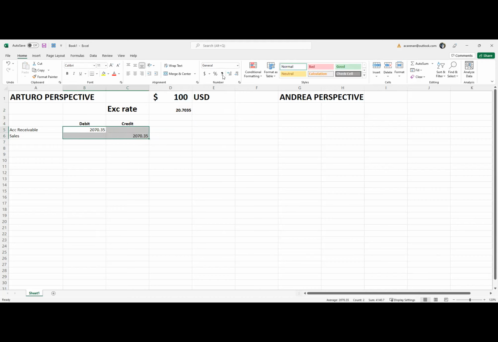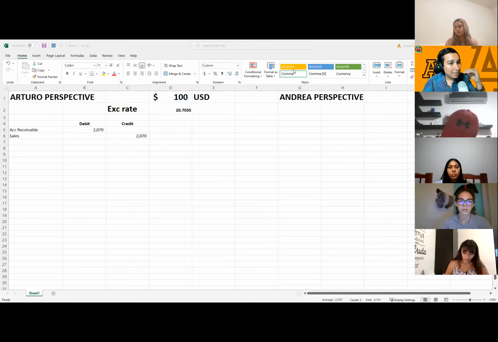Technically, in your accounting system, you have pesos, and you are obligated to have pesos as your official currency. Why? Because it's the fiscal currency, the tax currency.